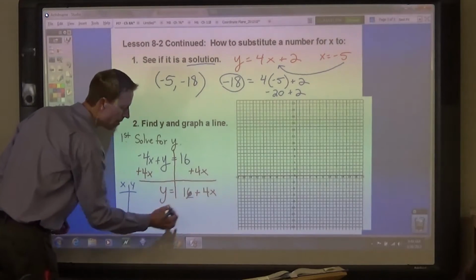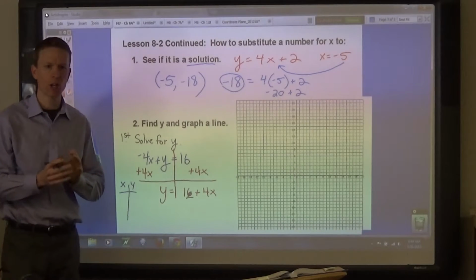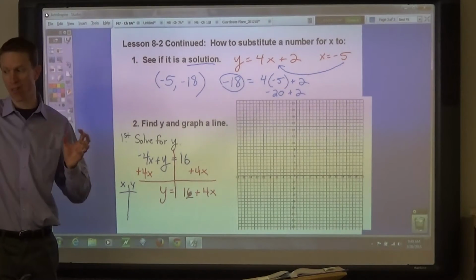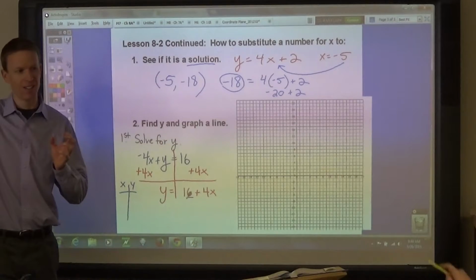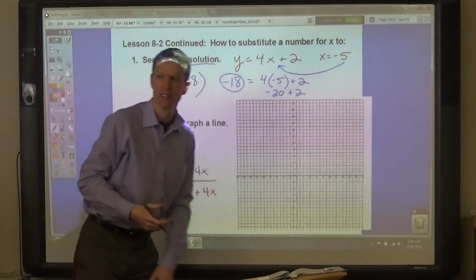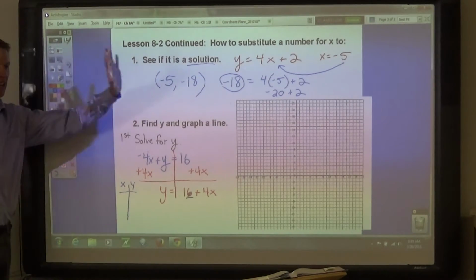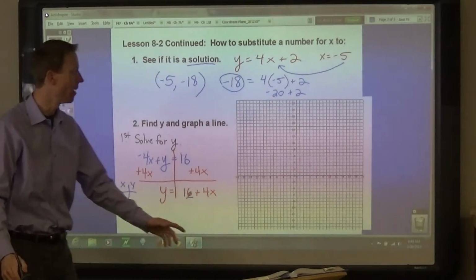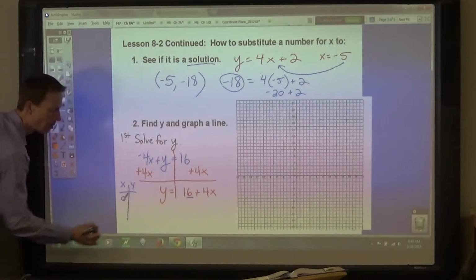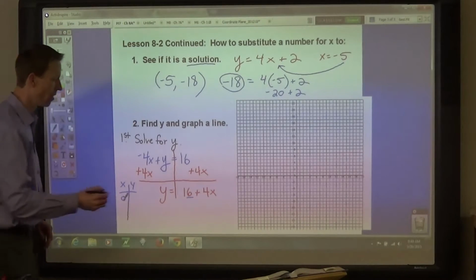And since we have a big number here, what if we use some negatives in order to get some smaller answers? That works too. When you're thinking about graphing, you may not want to graph numbers in the 30s or 40s. We have a graph that goes up to 20. So let's pick 0. Always pick 0, because it's a good one to work with.